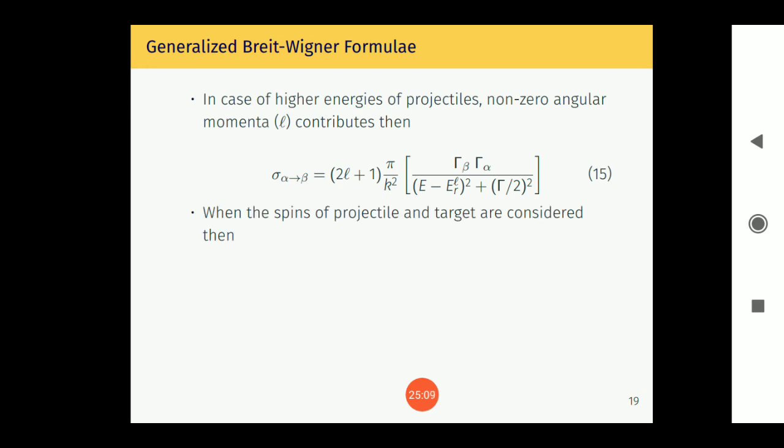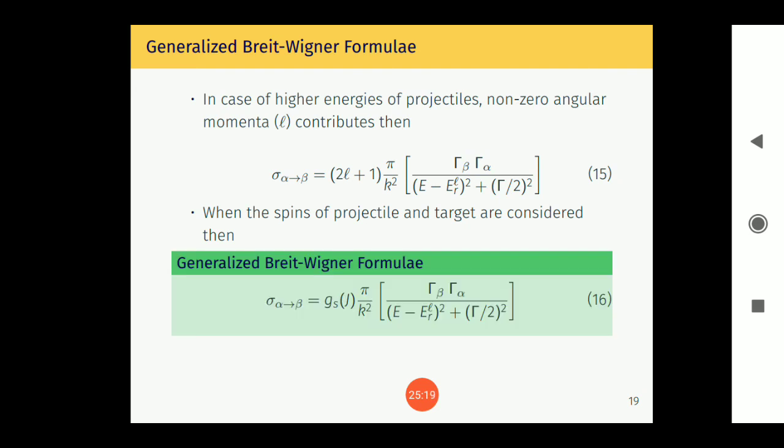In addition, we also ignored the spins of the projectile and the target. If we include the spins of the projectile and the target also, then the above expression 15 is generalized to this expression, which is equal to g_s(J) times pi by k square, whole times gamma beta gamma alpha divided by (E minus ER) whole square plus (gamma by 2) whole square.